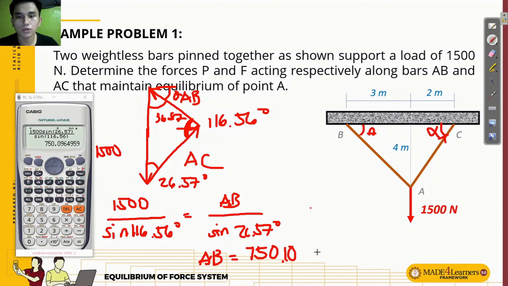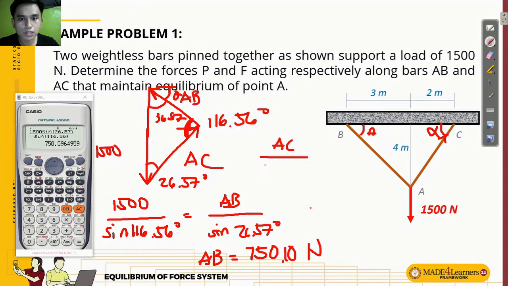unit Newton. And then yung AC, over yung opposite angle 36.87. Then equate na to sa kanilang value. So 1,500 over sine of opposite angle niya, 116.56.